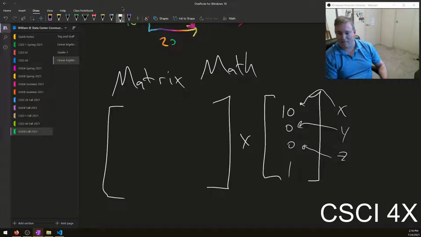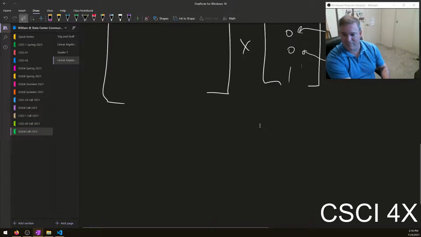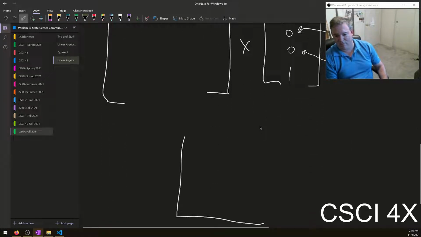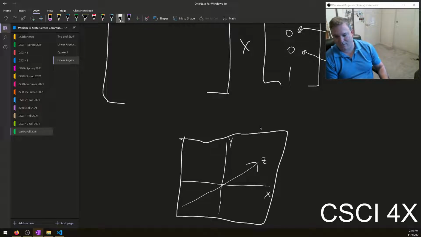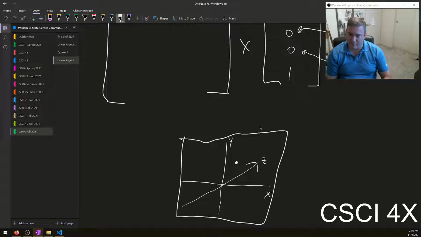Okay. So in 3D games, let's say you've got a screen, and x, y, z. So you've got some point in space like this, and that could be like the origin of your rocket or something like that. And there's a couple different operations you can do on it.